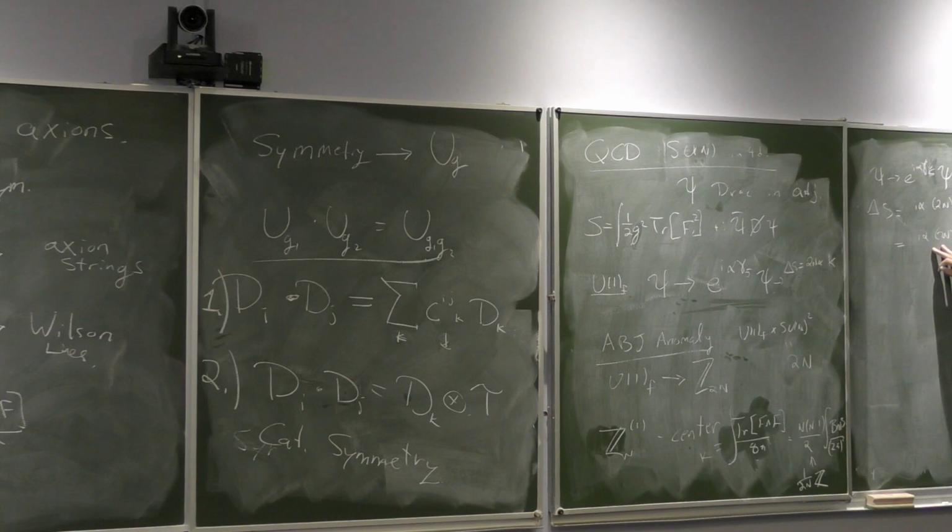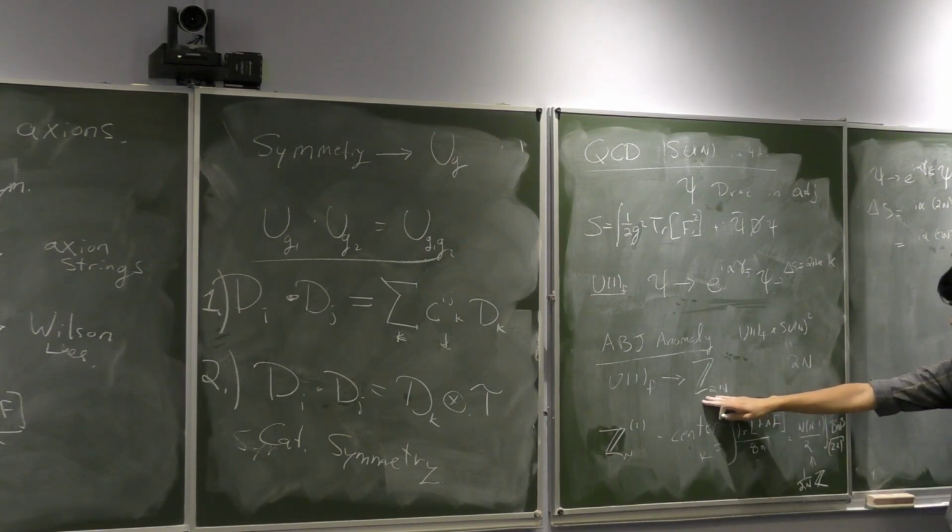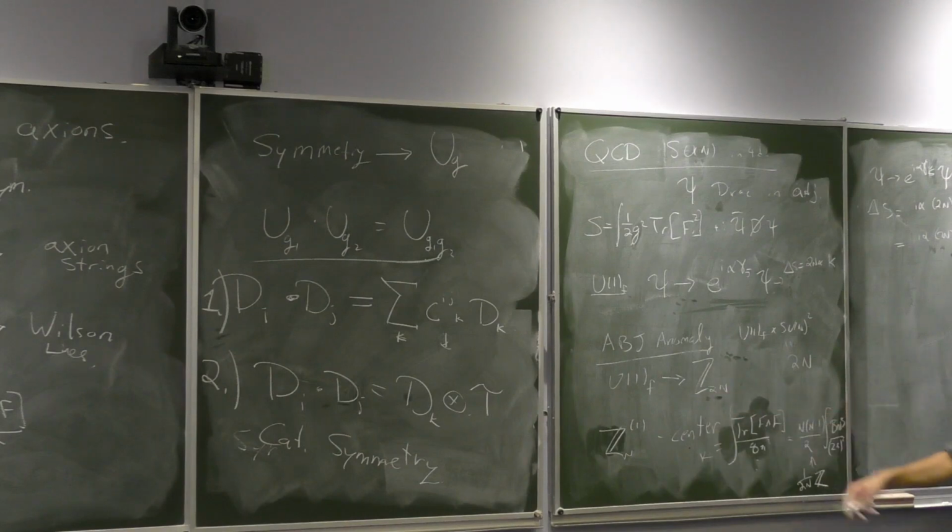So what that means now is that this Z_2N chiral symmetry is actually broken even further by turning on this one-form symmetry. So what that means is that there's actually a Z_2N times Z_N^(1) mixed anomaly.